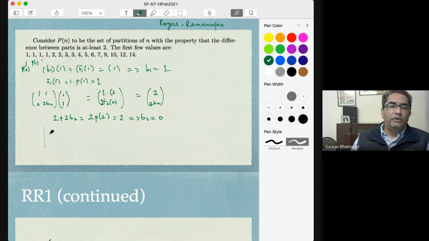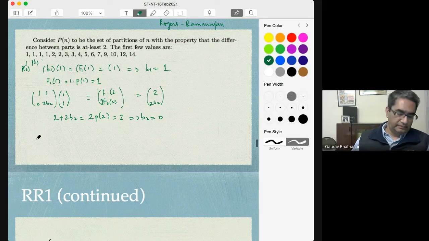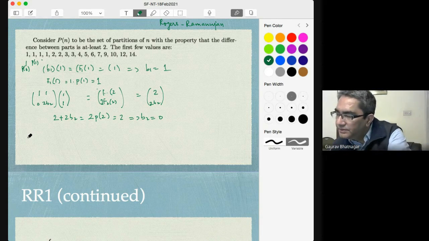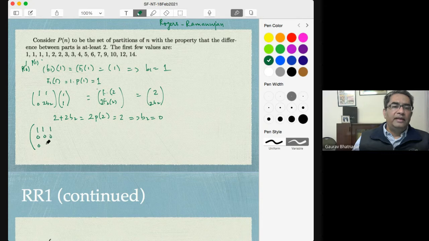Let me do one more or two more. Okay, I think I have enough. So I know b2, and this is 3b3, and I know 1, 1, 1.